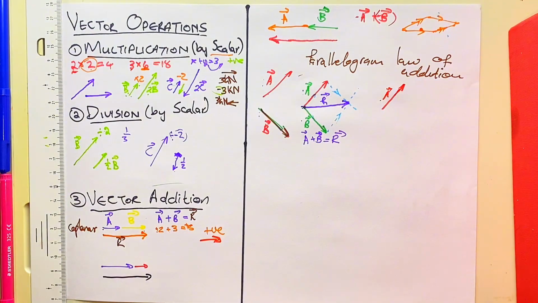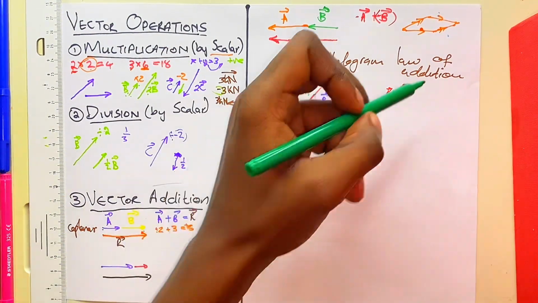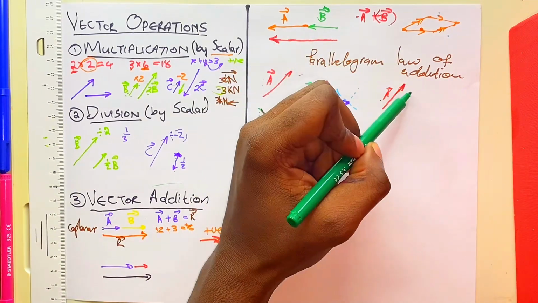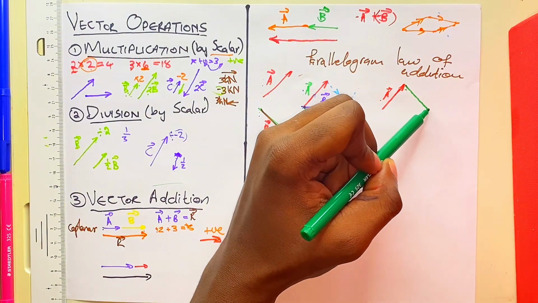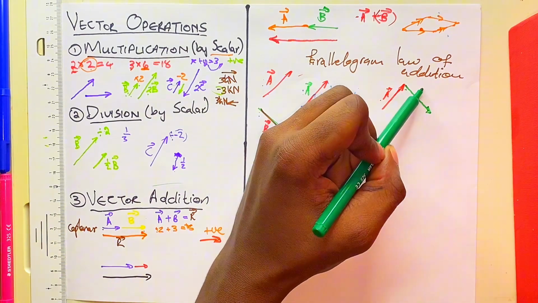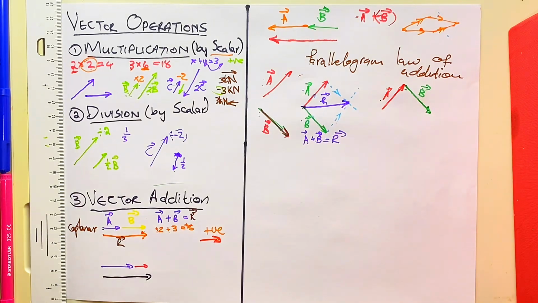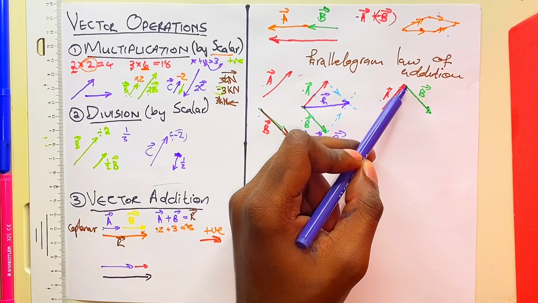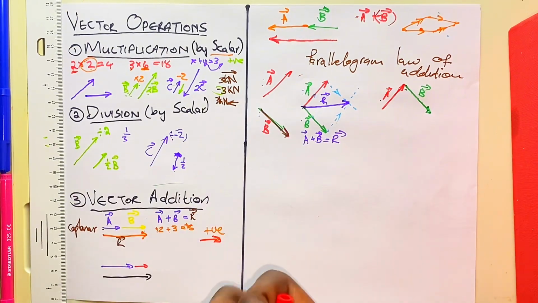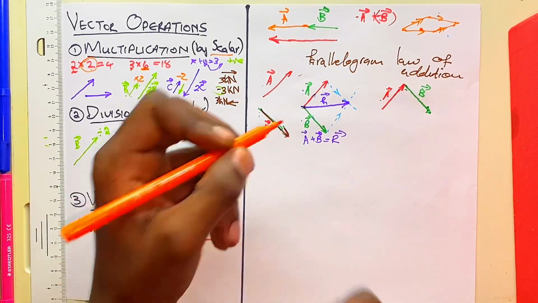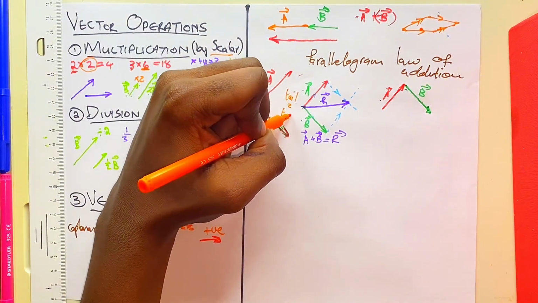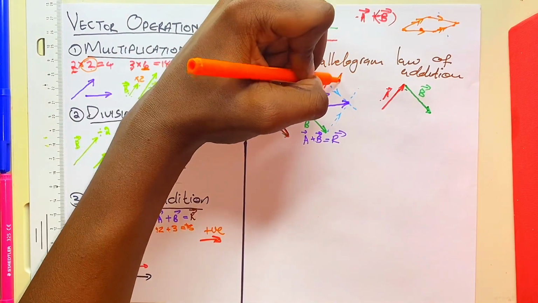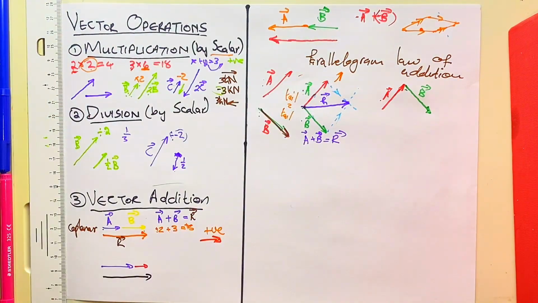Now, instead of putting B at its tail, I now put B here at its head, and then it goes like this. Now, what will be our resultant? Here they were tail to tail, and we're using the parallelogram law of addition.